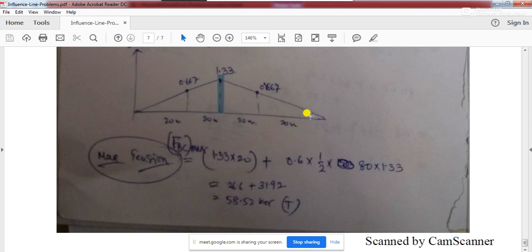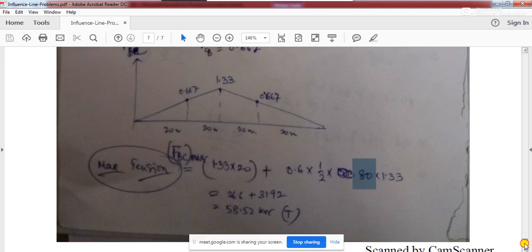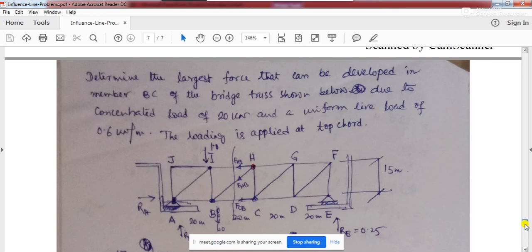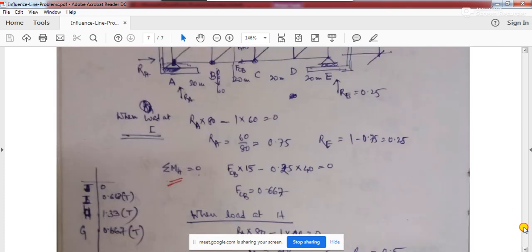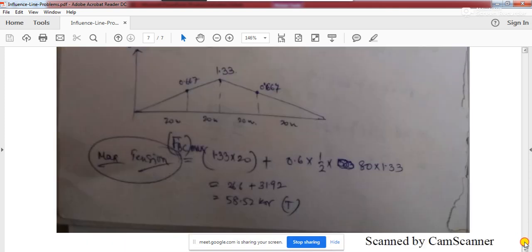So 1.33 multiplied by 20 we have done, and then if the UDL is totally over this truss, then the total area of this influence line is taken and multiplied with the load. So this 20 kilonewton load is moving over the beam.